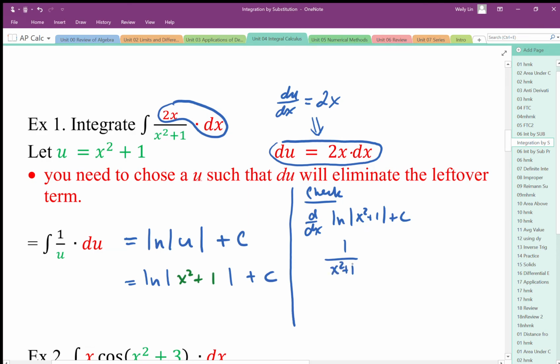There's my inside function, now in the denominator, and I need to apply the chain rule to the inside function times 2x, plus the derivative of c is going to be 0, and there it is. If I simplify it, I end up with 2x over x squared plus 1. If I check my original integral here, yeah, that's my original function. Check, that works.